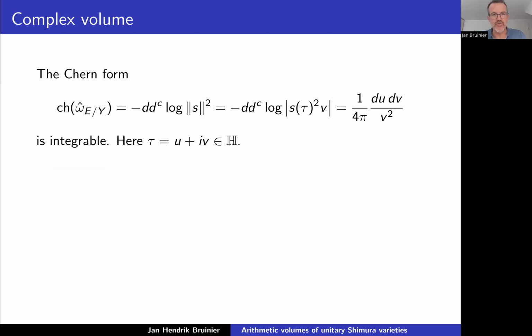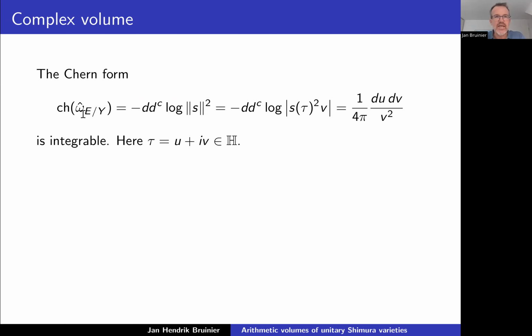So this Chern form is integrable, and already by work of Mumford, it can be used to actually compute the class of this line bundle.